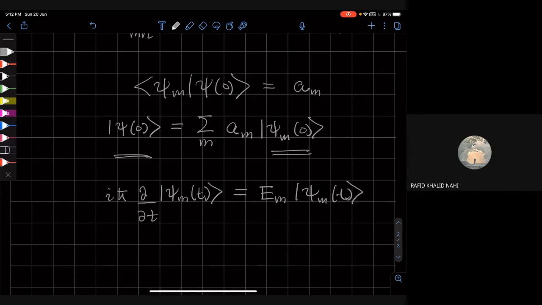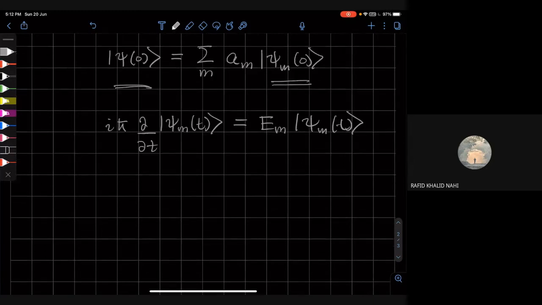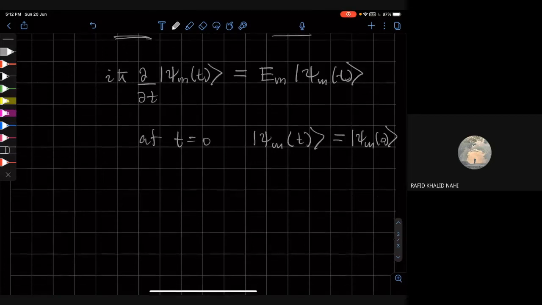So this is basically what we are trying to solve, with the boundary condition that at t equals 0, this state is equal to this state. So now we can solve this equation. It's a very easy equation to solve.